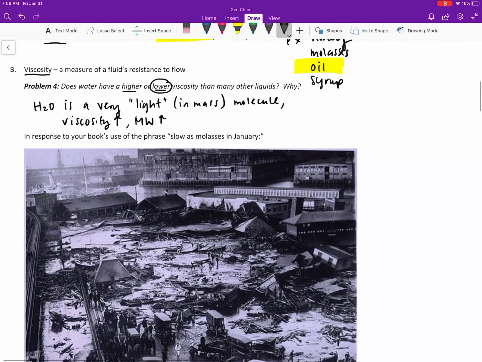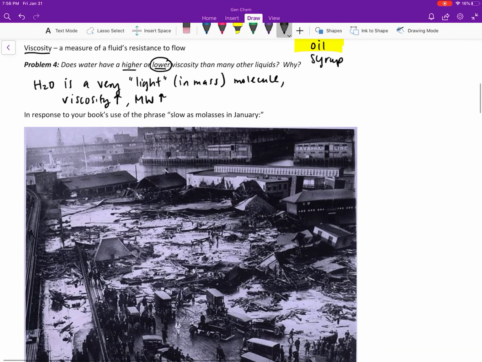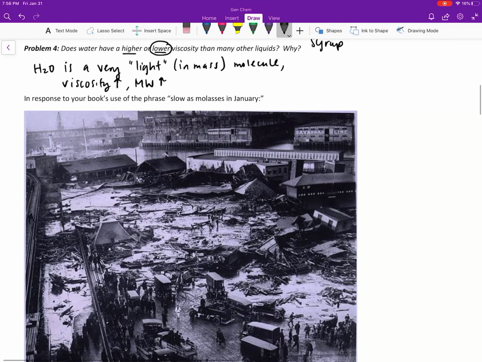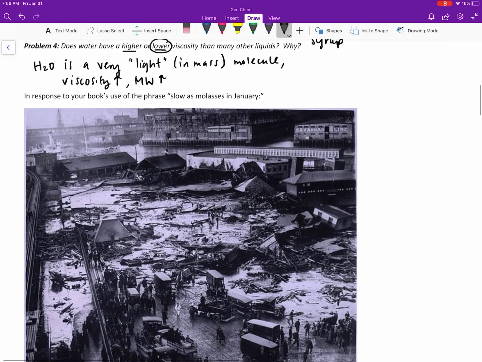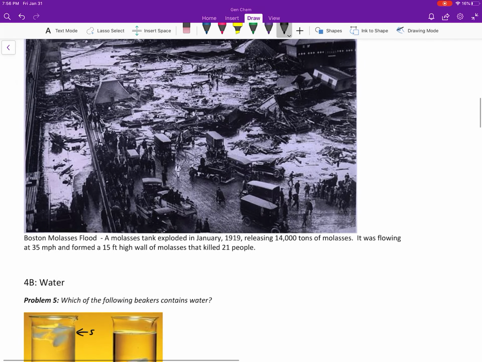Okay, or I guess I shouldn't say just the oil, but the gas, the oil, all of the components in your car will run better when there's a lower viscosity. Okay, so we're looking for the word viscosity. Then we talked about why water has a lower viscosity than many other liquids and why that's important.